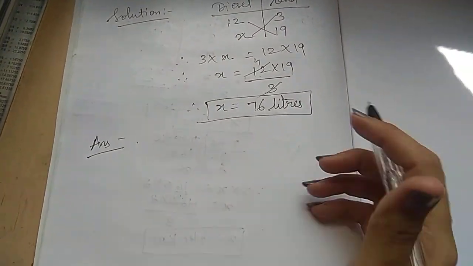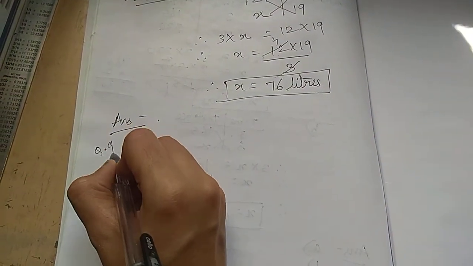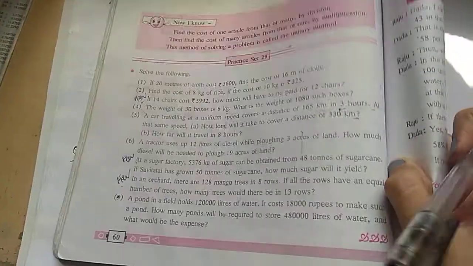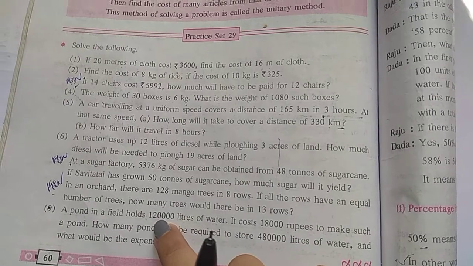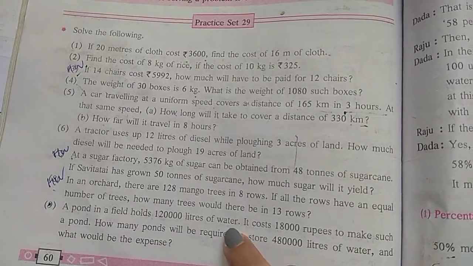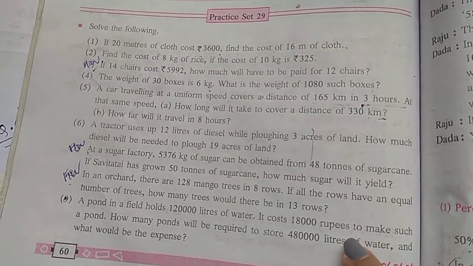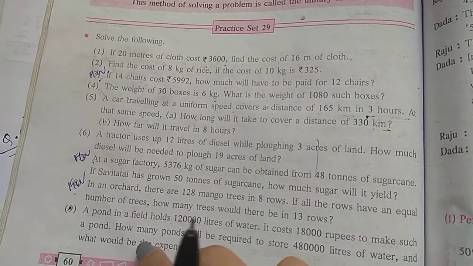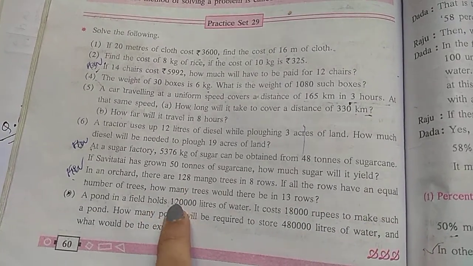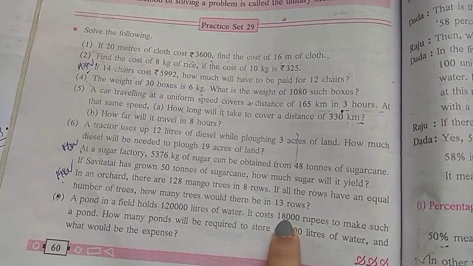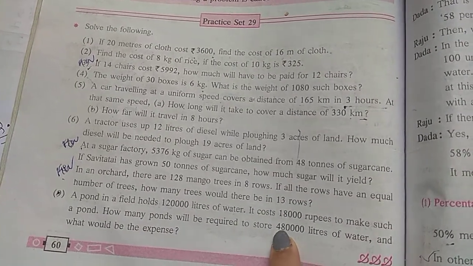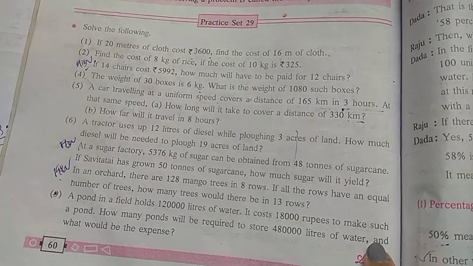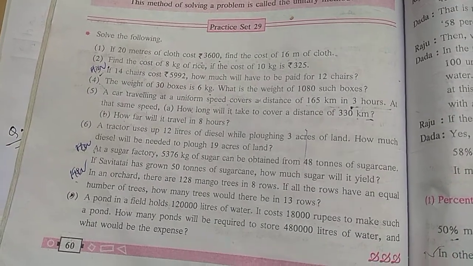Coming on to the last sum, question number 9. A pond in a field holds 1,20,000 liters of water. It cost 18,000 rupees to make such a pond. Means to make this pond, it was costing 18,000 rupees. How many ponds will be required to store 4,80,000 liters of water, and what would be the expense?